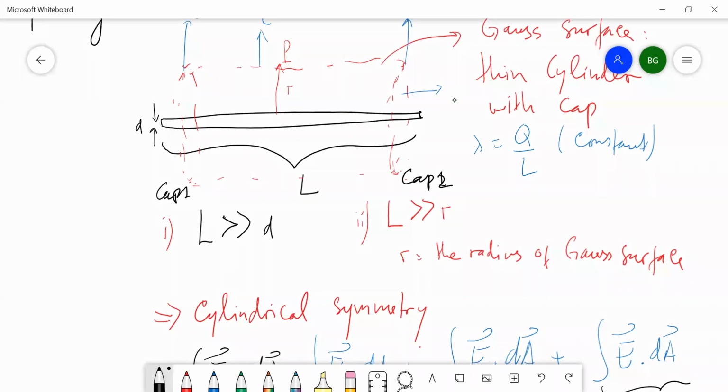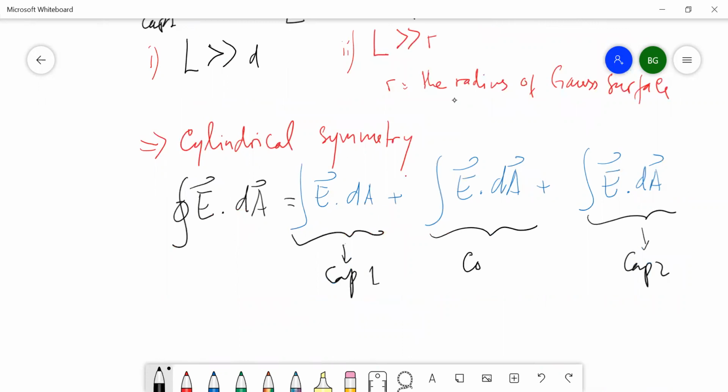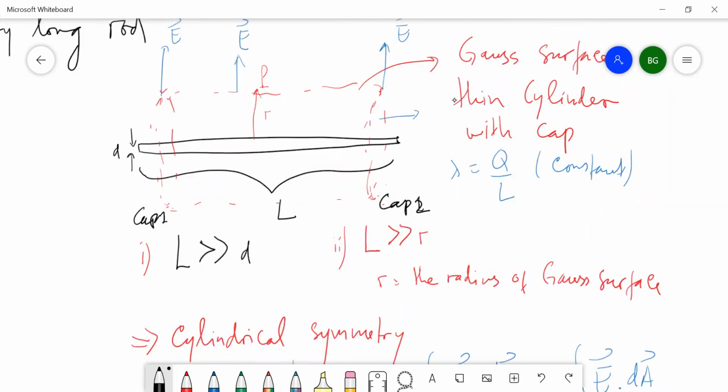And then we have the cylindrical cover, this cover.